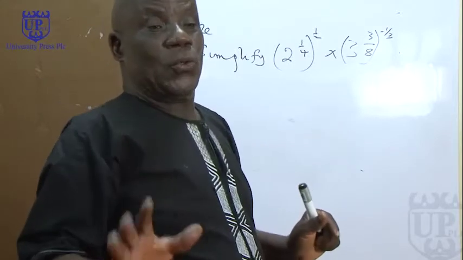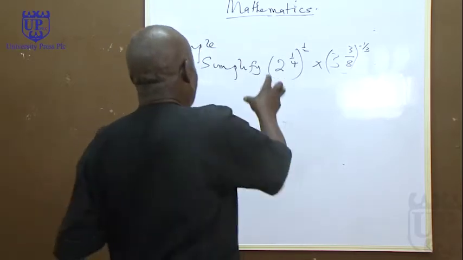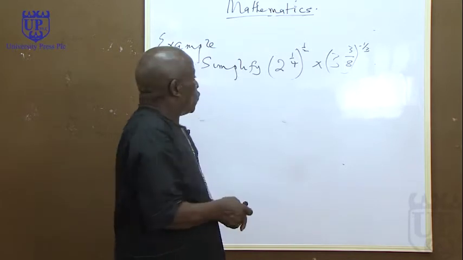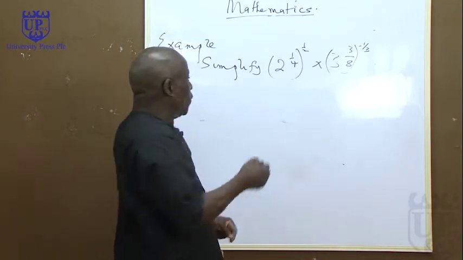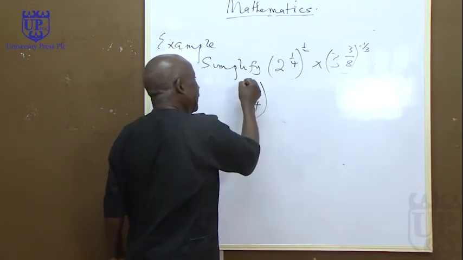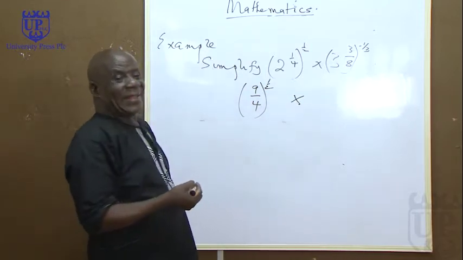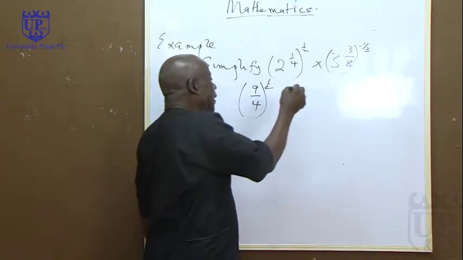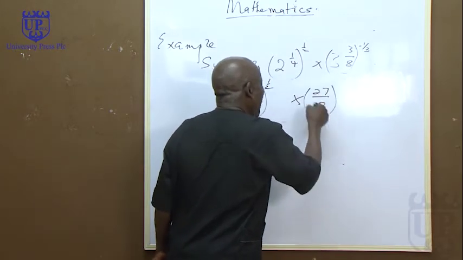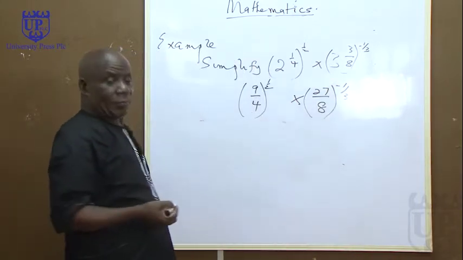Here the first thing to do is to change the fractions under the bracket to improper ones. 2 and 1 over 4 changed to an improper fraction will give you 9 over 4, everything raised to power half. The second one, 3 and 3 over 8 changed to an improper fraction gives you 27 over 8, all raised to power minus 1 over 3. Please take note.